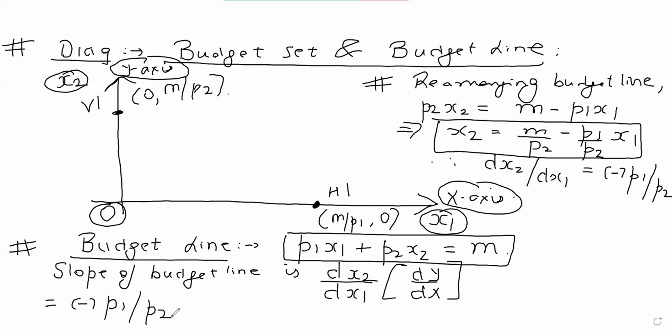And since it has a negative sign, the budget line is downward sloping. Since the slope is negative, the budget line is downward sloping.